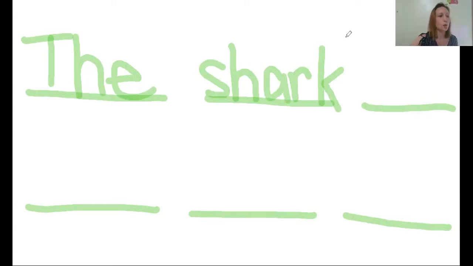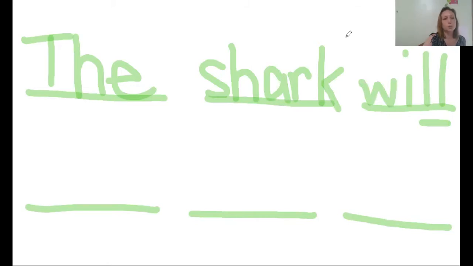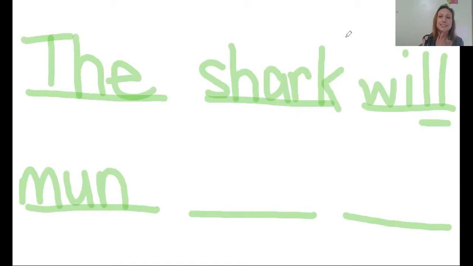The shark will. There's our floss rule. Single closed syllable ending in L, you're going to double that L. The shark will munch. Ch. Do I use CH or TCH for my ch sound?